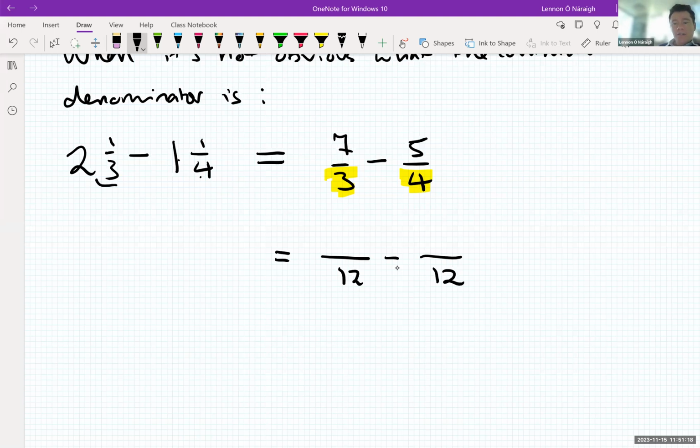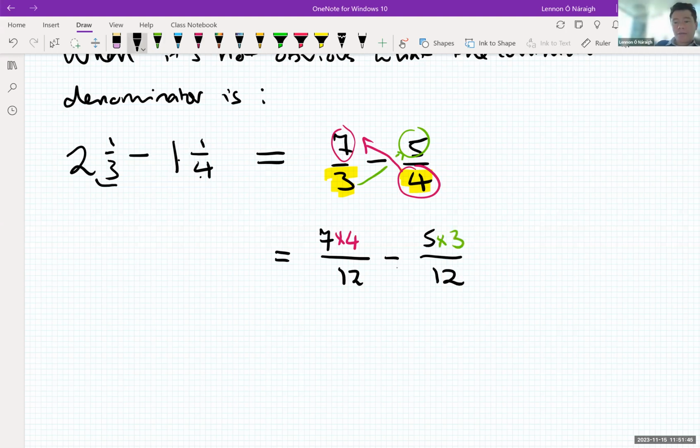And how you change the upstairs is a kind of cross multiplication. So I have the 7 and I have the 5 from before. And now I would cross multiply by the other denominator. So the 7 gets crossed with the 4. And the 5 gets crossed with the 3.